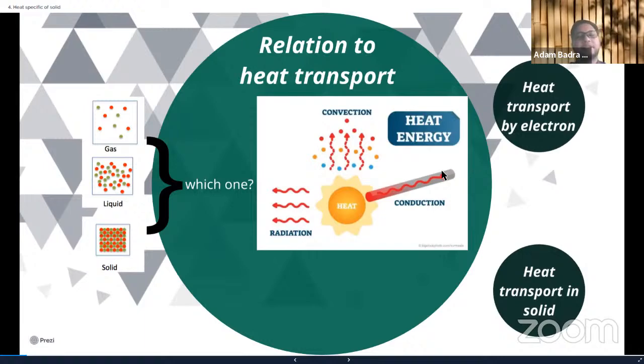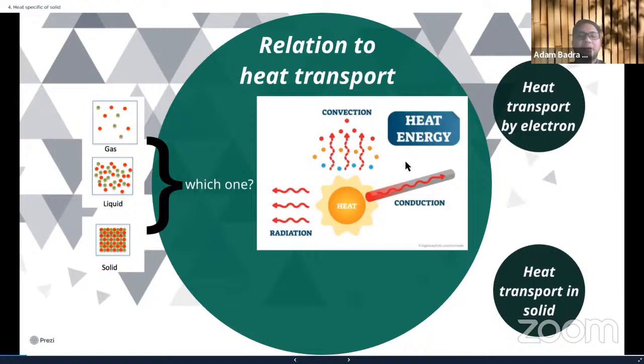However, as we saw previously, the conduction of heat in a solid is conveyed by electrons, and these electrons can be modeled as a gas.